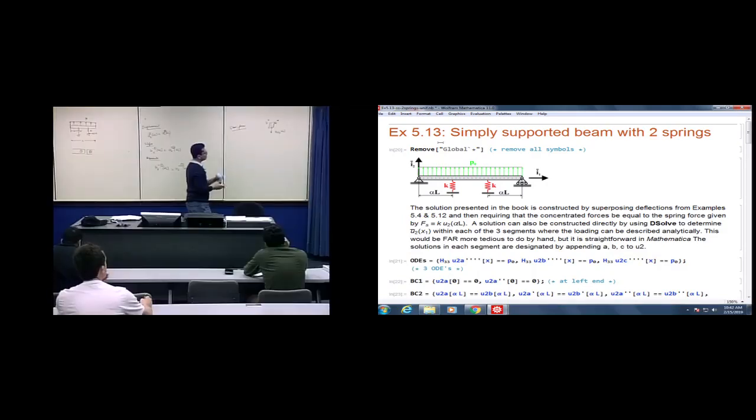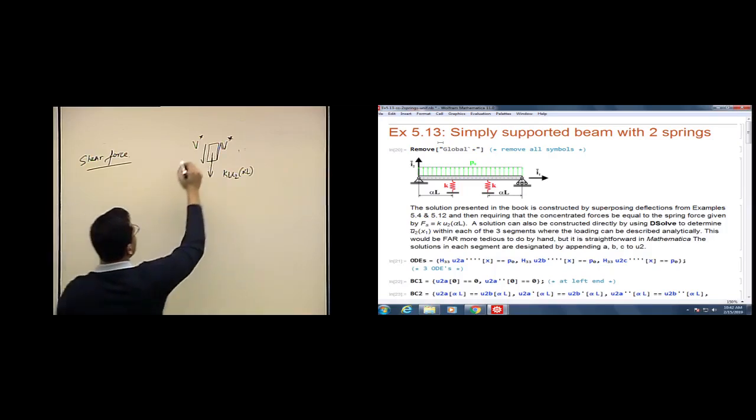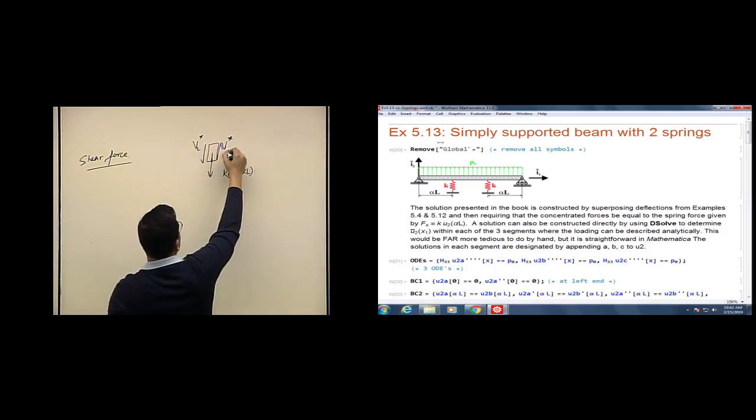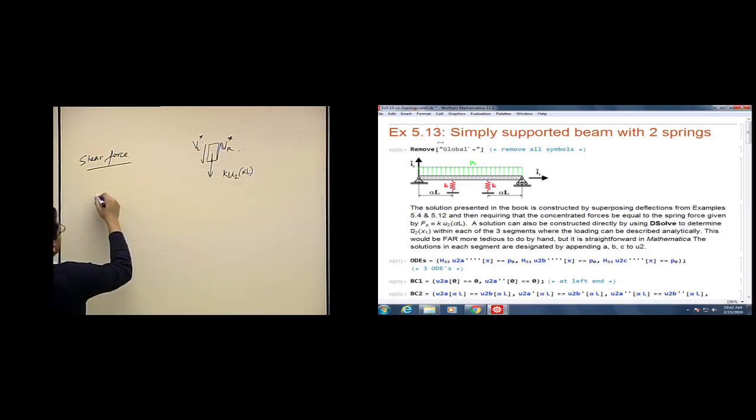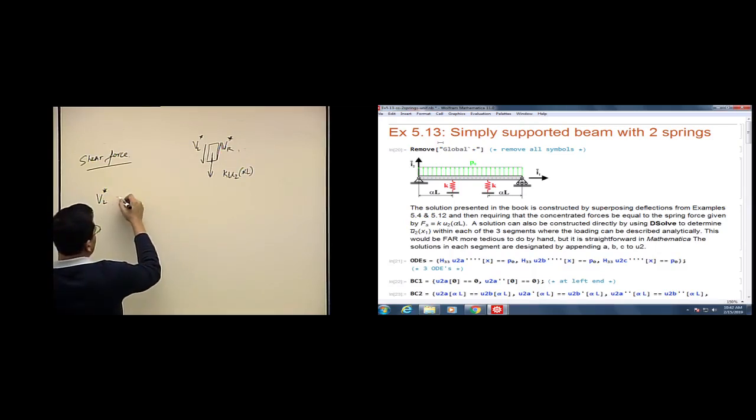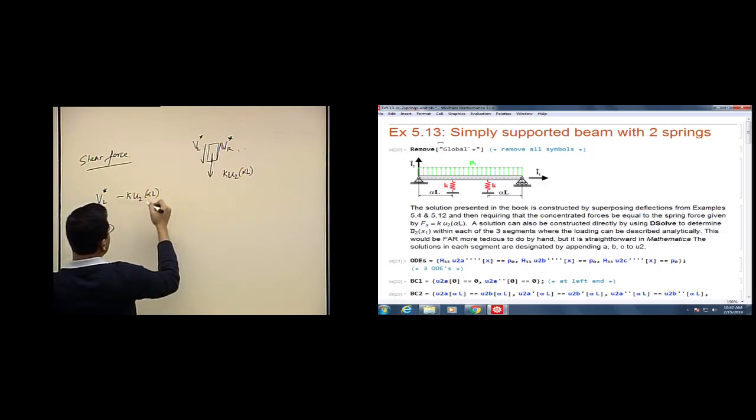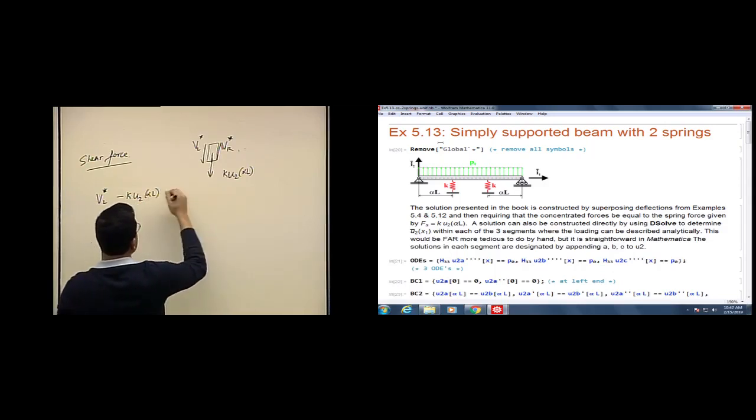So I will do the equilibrium of forces there. So what do I have here? Let's say this is for my left end and this is for my right end. So VL at the left end minus K u2 at alpha L because it goes downwards plus VR.